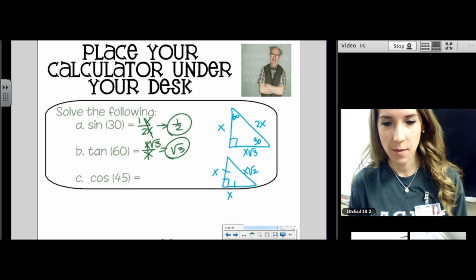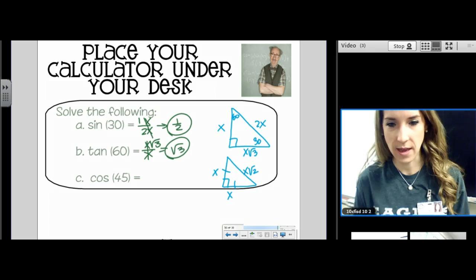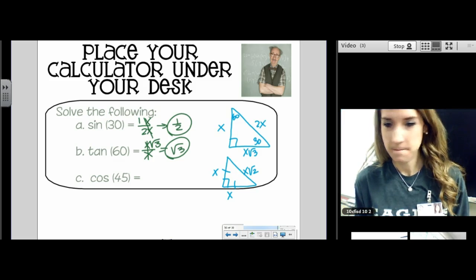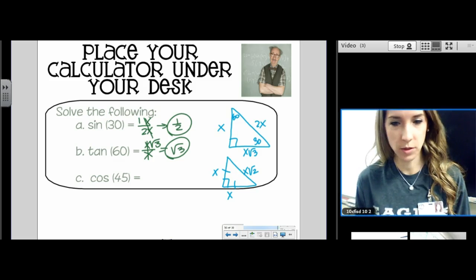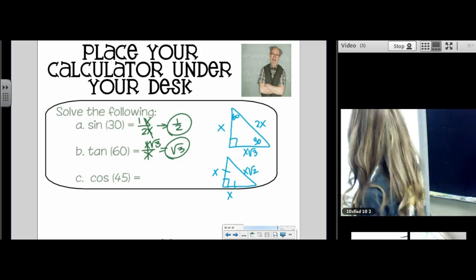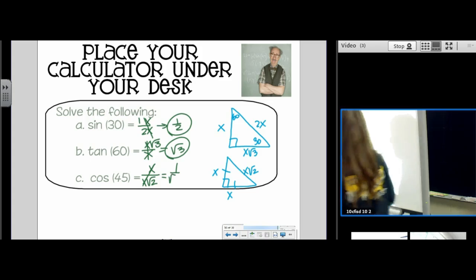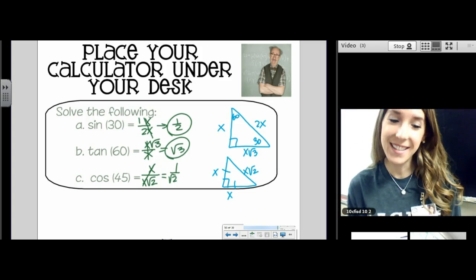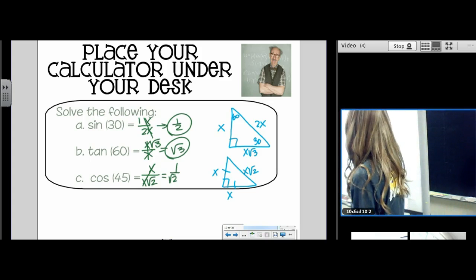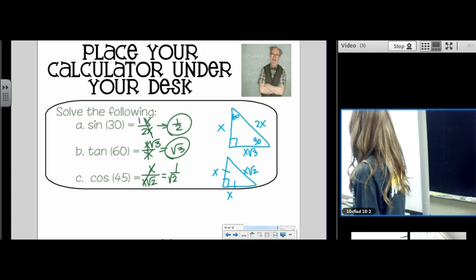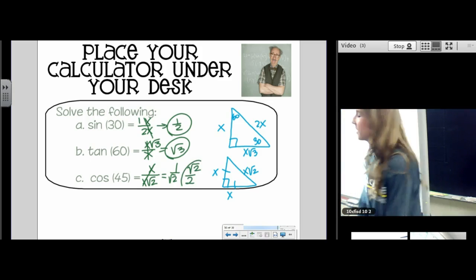Good. And what would the cosine of 45 be? Not root 2. Adjacent over hypotenuse. The x's cancel, so it's 1 over root 2. That's good. Rationalize the denominator. Square root 2 over 2 is the answer to C.